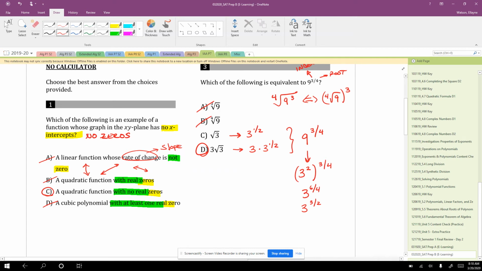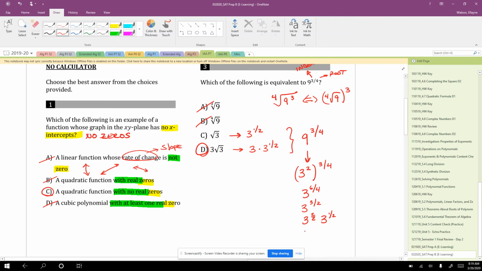Now it turns out that you can break this up, and this is the part that's kind of hard to see, but this is the same as 3 to the power of 2 over 2 times 3 to the power of 1 half. And we're working backwards a property of exponents, right? Properties of exponents say that if we have the same base of 3, we can add the exponents. So 2 halves plus 1 half does equal 3 halves.